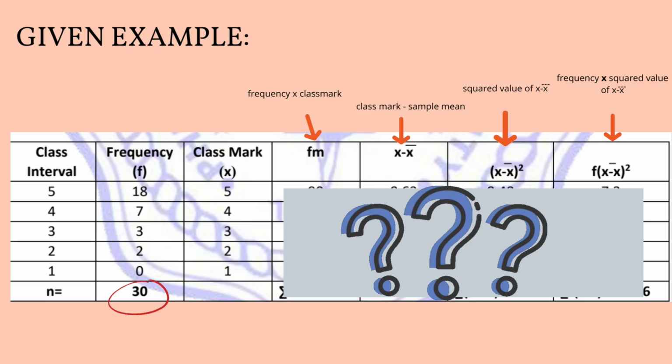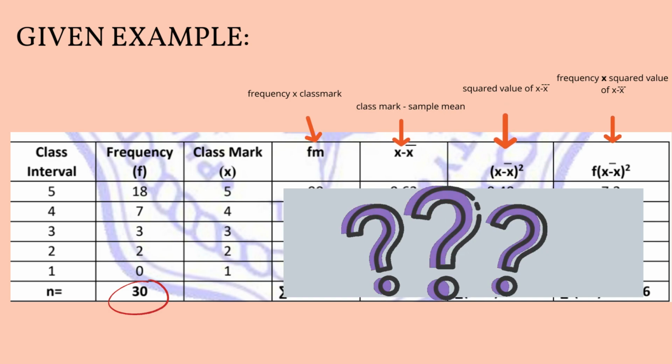Okay, so this is the given example from your module. So we have here our sample table. Ngayon alamin natin kung paano nakuha ang mga values sa bawat columns. Okay, as we can see, we have here the class interval. So, class interval, ito yung mga values na nasa rating scale na natin sa ating questionnaire.